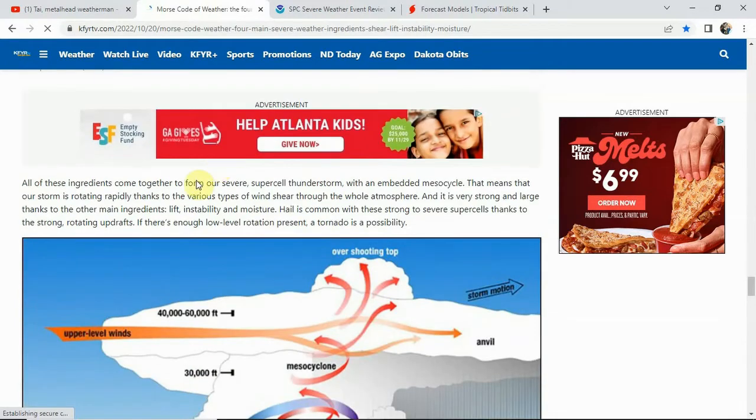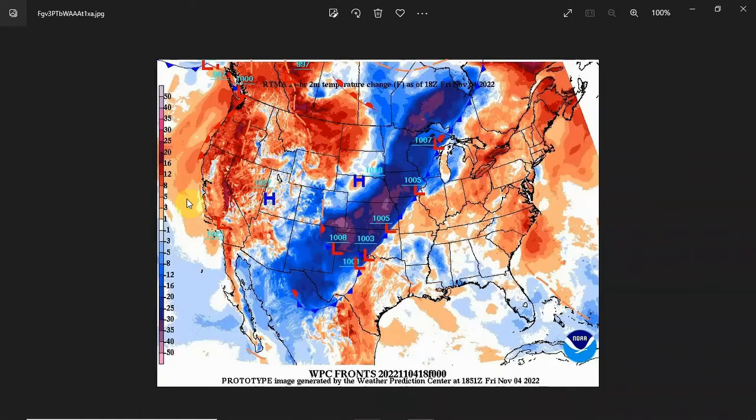So now that we've gone over that, let's take a look at what a front looks like on a diagram here. Here is the November 4th event, which ended up occurring just to the north and east of Dallas, where we ended up getting a pretty sizable tornado outbreak. Here's our frontal boundary right here.